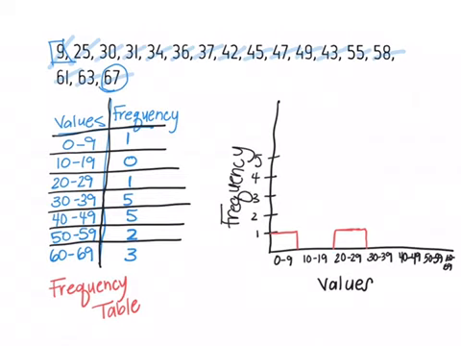30 to 39 had a frequency of 5. 40 to 49 had a frequency of 5. 50 to 59 had a frequency of 2. And then my last bar, 60 to 69, had a frequency of 3.